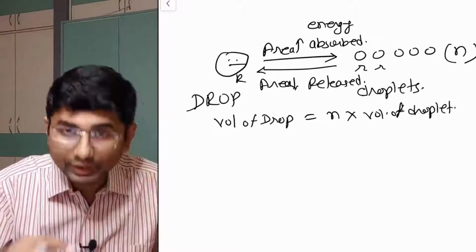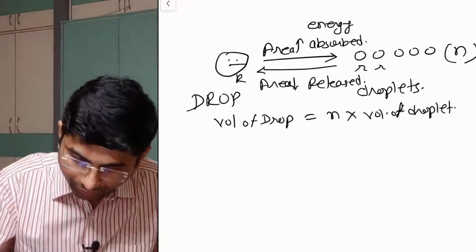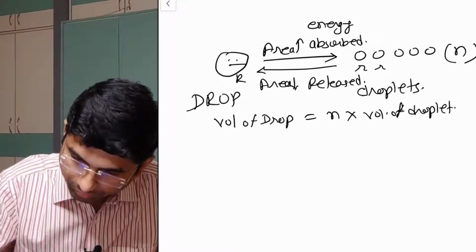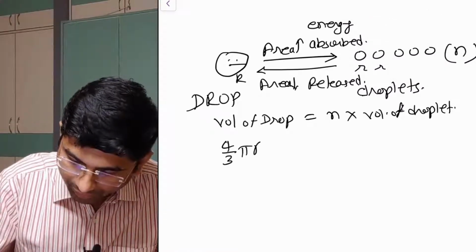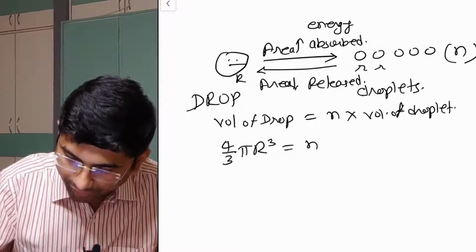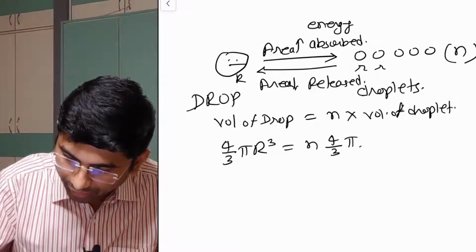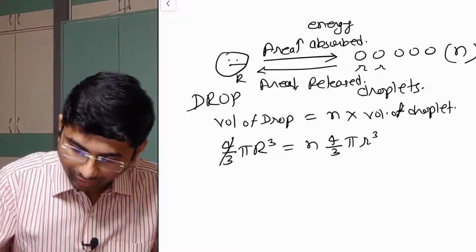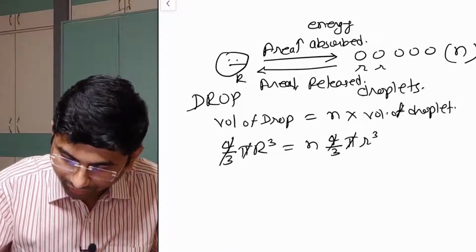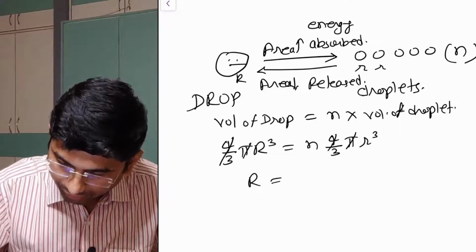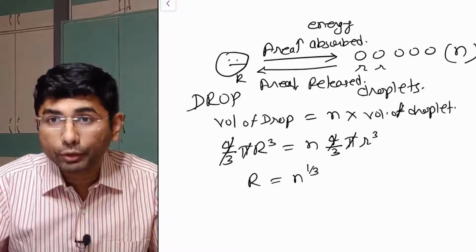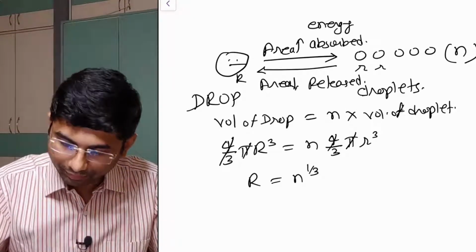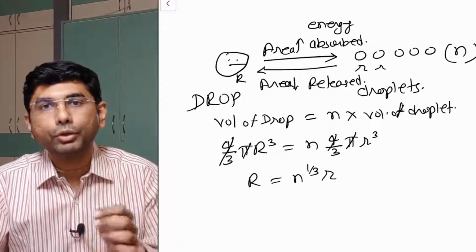Now we know the drop is a sphere, so 4 by 3 pi R cube is equal to N times 4 by 3 pi r cube. After cancelling, I can write R is equal to the cube root of N into r.